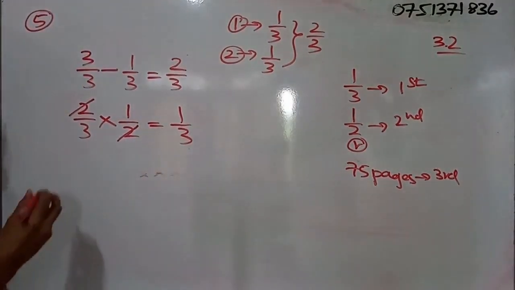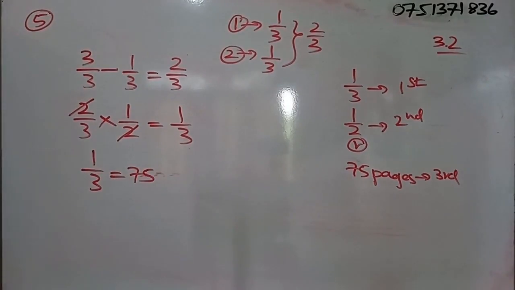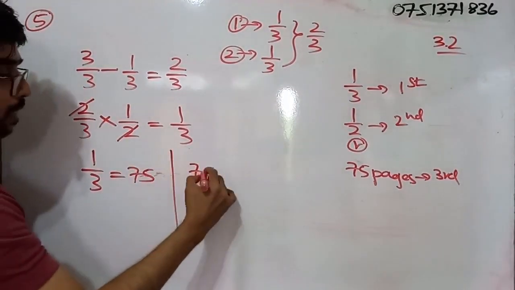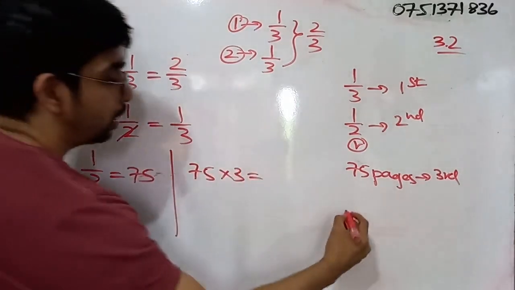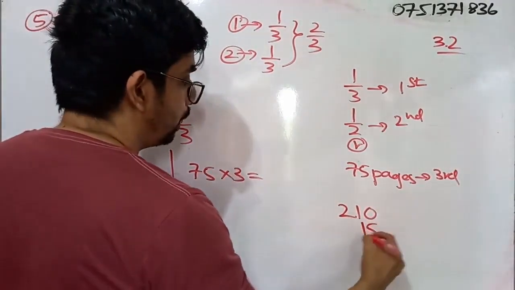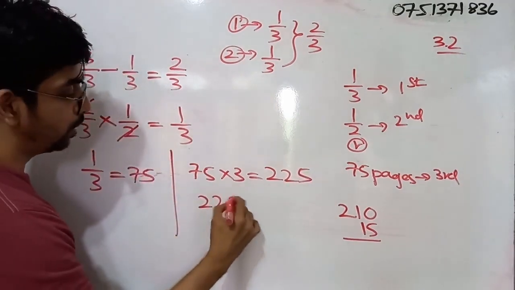That means what? 1/3 is equal to 75 pages. What is the number of pages? 75, we have to multiply that by 3. 70 times 3, we get 210. 5 times 3, 15. When we add these together, we get what? 225. So 225 pages. Right.